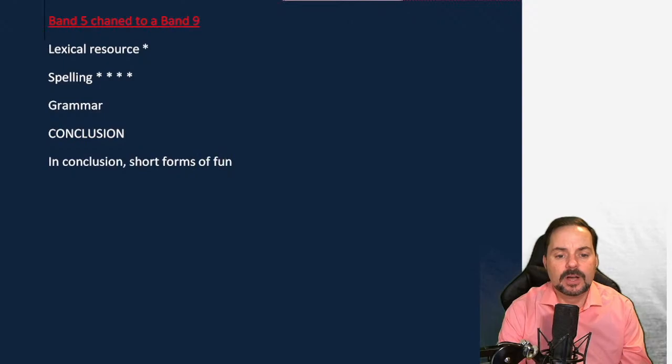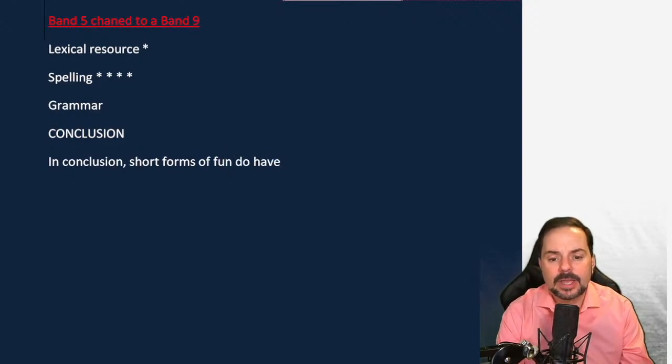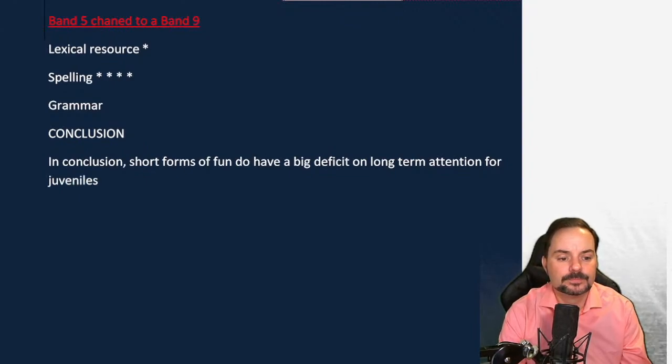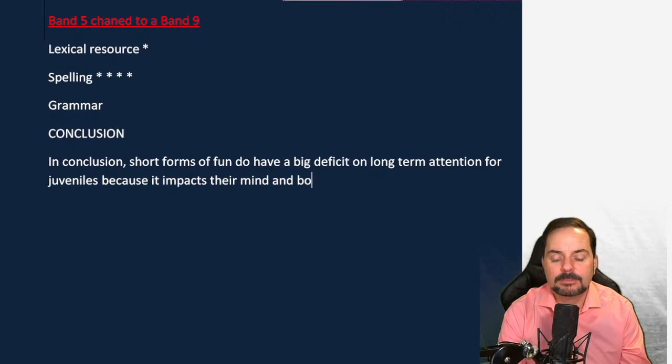Short forms of fun do have a big deficit on long-term attention for juveniles, because it impacts their mind and body in negative ways.